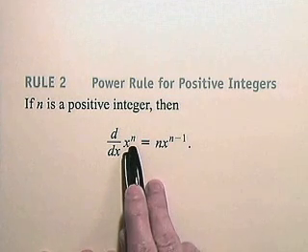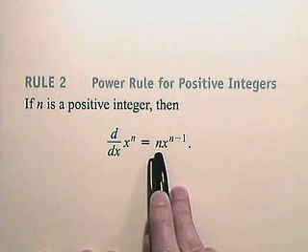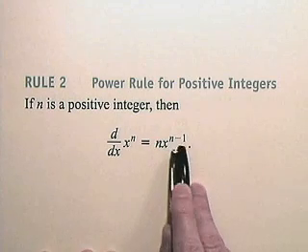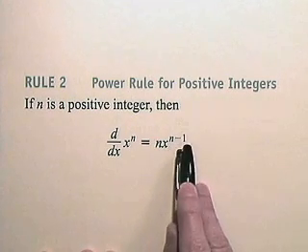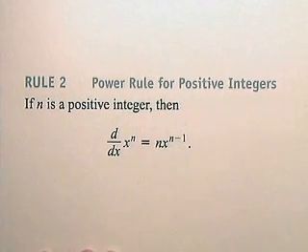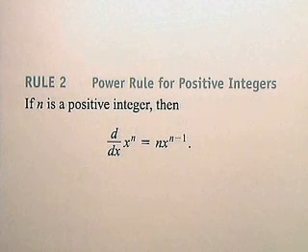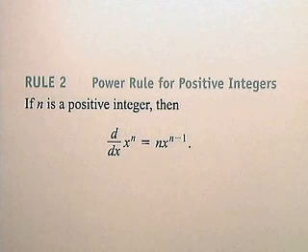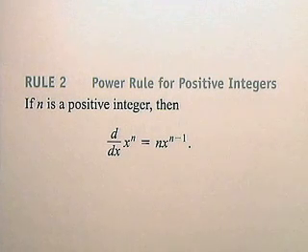So we take the original exponent, put it in front as a coefficient, and then get a new exponent by lowering the original exponent by 1. That's called the power rule. It actually works for every real number power, but to begin with, we'll only be applying it for positive integers and then negatives.